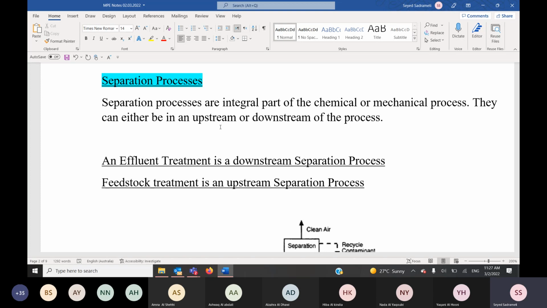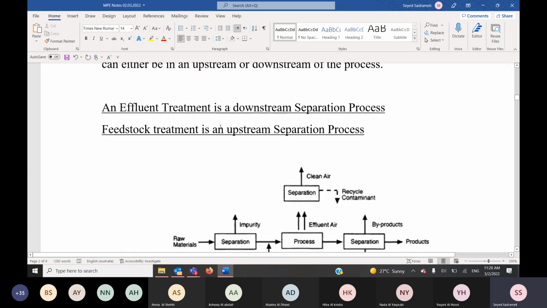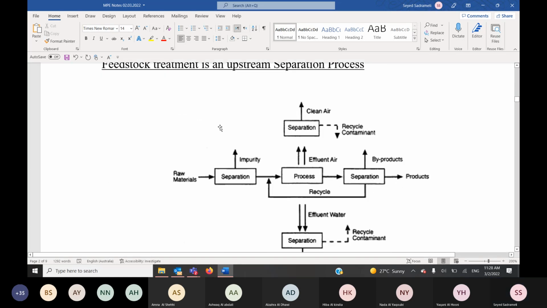If you look at the whole process, some separation processes are at the beginning, before going to the reactor, and some are at the end for purification of the products. At the end you have a mixture of products, and then you separate them to get a specific product and send it to the downstream units.